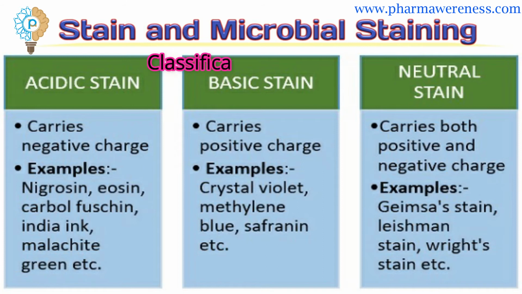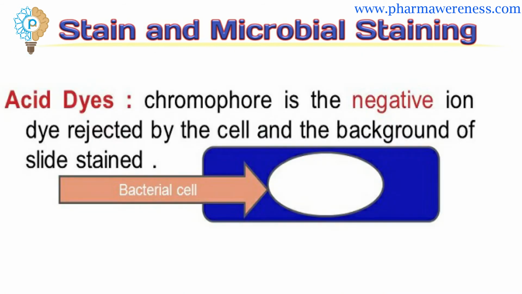Now I am discussing the classification of the stain. Stains can be classified on the basis of the electric charge of the chromophore group, that is acidic stain, basic stain and neutral stain. Now what is an acidic stain? Acidic stains are negatively charged or anionic stains, which means at the time of ionization of the stain, the chromogen portion of the stain exhibits a negative charge, which has a strong affinity to positively charged cellular components like protein.